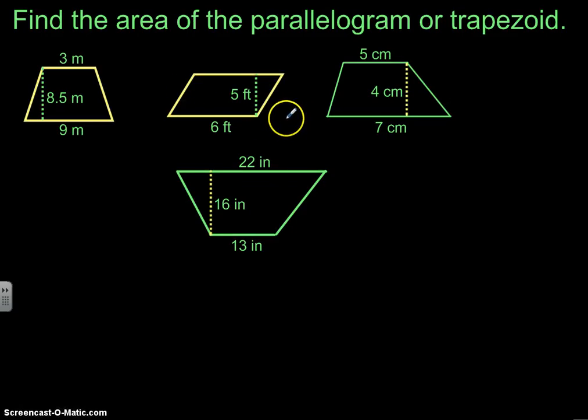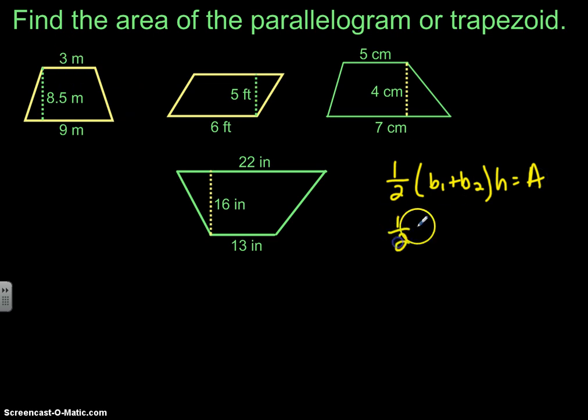Next, find the area of the parallelogram or trapezoid. So first, we've got a trapezoid. I'm going to do the work over here. I'm going to just keep this formula here. 1/2 B1 plus B2 times H equals the area. Well, here we got 1/2, B1 is 3, B2 is 9, H is 8.5. That equals A. Now I'm going to add what's in the parentheses together.